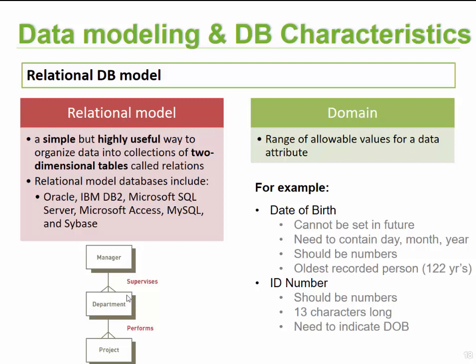If we continue and look at the next definition, a domain indicates a range of allowable values for each of your data attributes. Now, if we talk about data attributes, these represent our fields. What's the information we want to record? For example, if we look at the following 2 cases, date of birth as well as ID number. For a date of birth to be recorded in our system, we know the following.